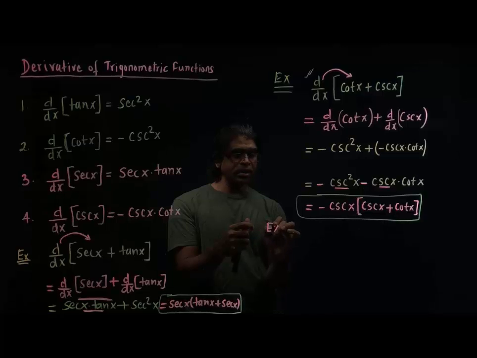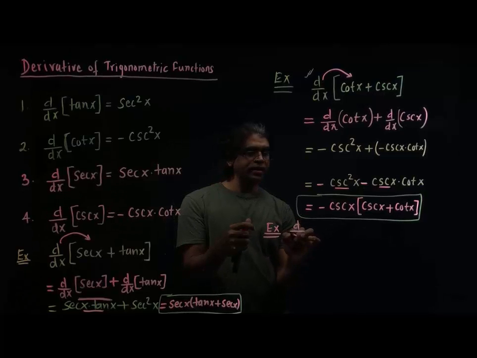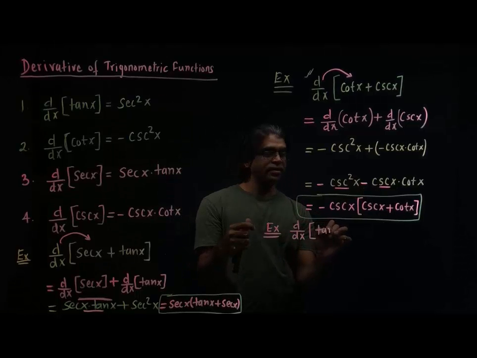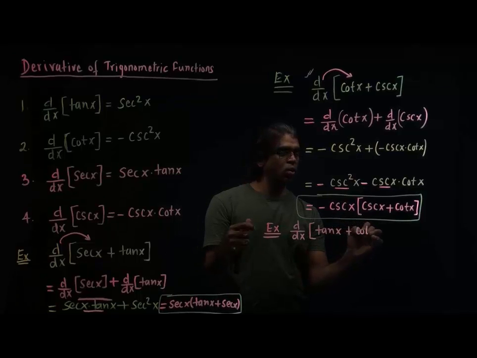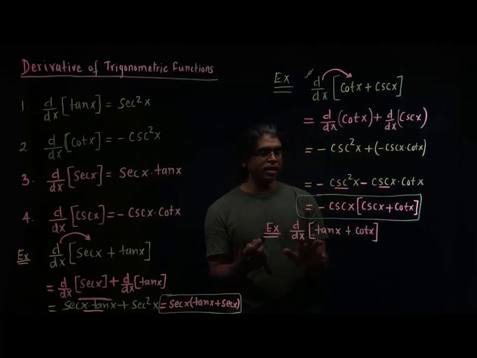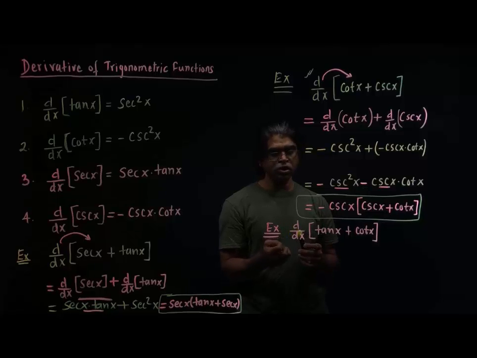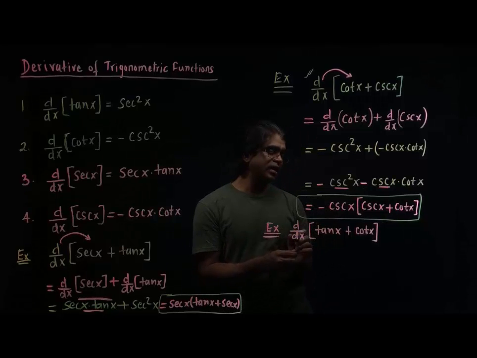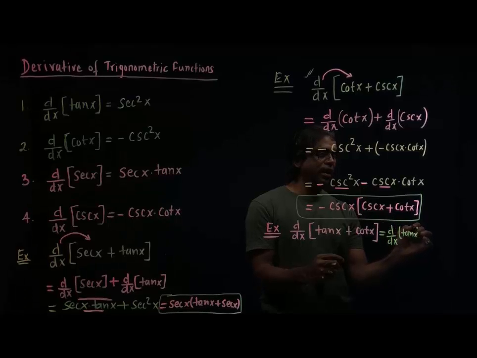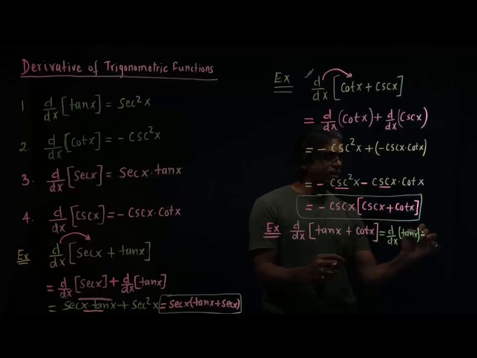So my example is find dy dx of tangent x plus cotangent x, and we all know that if I want to find the derivative of any given function, I am going to distribute dy dx inside the bracket, and if I do that I will write this is equal to dy dx of tangent x, right, plus dy dx of cotangent x, right?